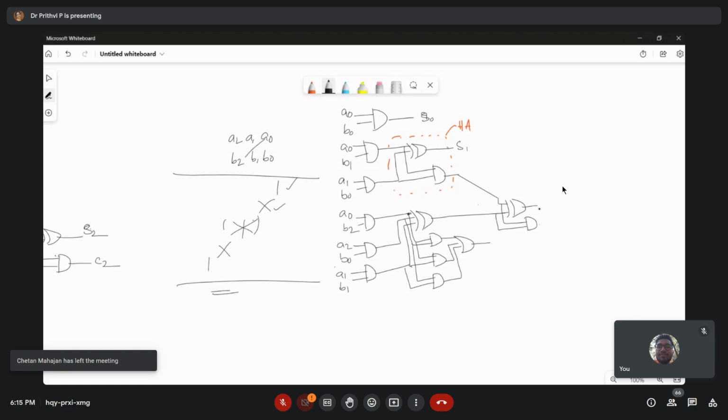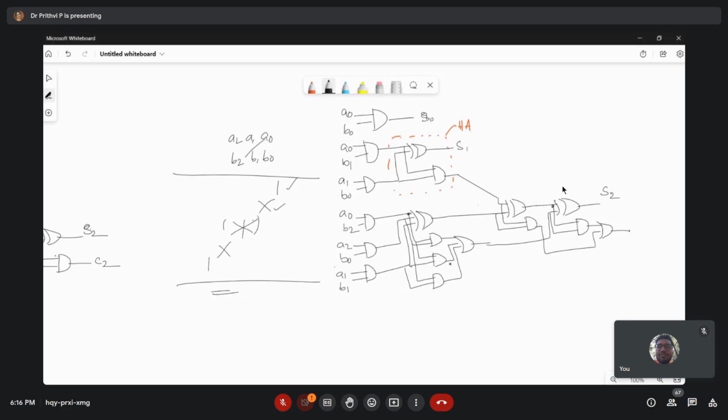Okay, this will be given to one more XOR operation, two input XOR operation. Okay, and this OR gate will be given as the input. Now these two will be one half addition, and the two carries will be ORed and taken as carry to the next stage. This becomes carry. And this is your sum. This is S2. Okay, third stage finished now.